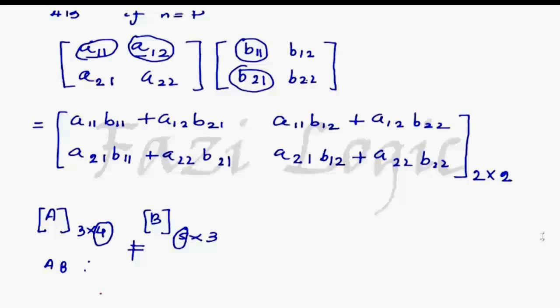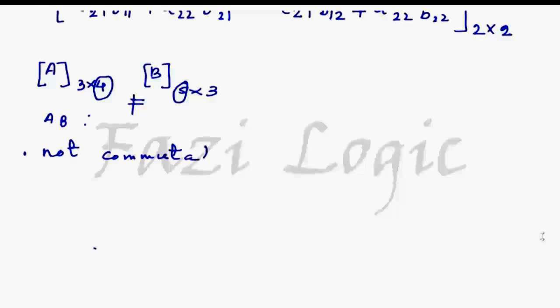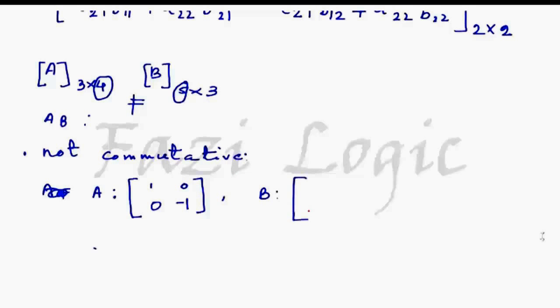Matrix multiplication generally is not commutative. A simple example will prove it. Say A is a matrix of order 2, take it as 1 0 0 minus 1, and B is also a matrix of order 2, 0 1 1 0.